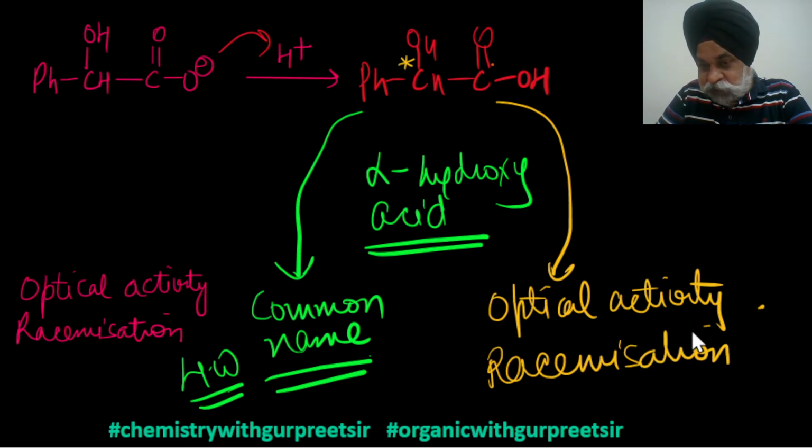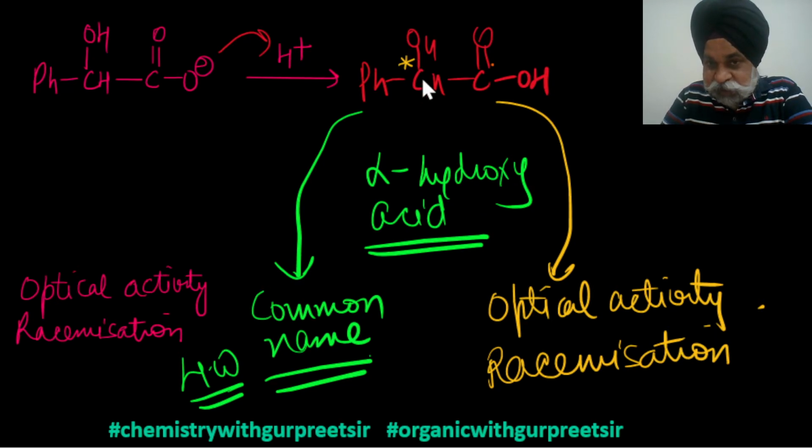Racemization means that when during any reaction there are chances of two enantiomers being formed, you would say it generates racemization in the process. So it would depend how the question is asked in terms of racemization or optical activity, but this particular compound would be optically active.